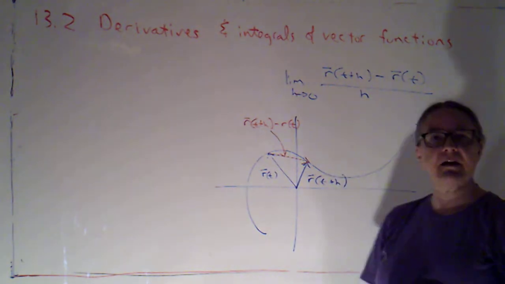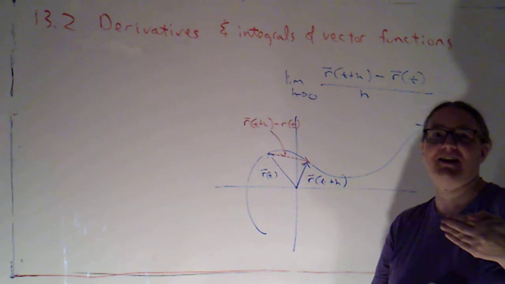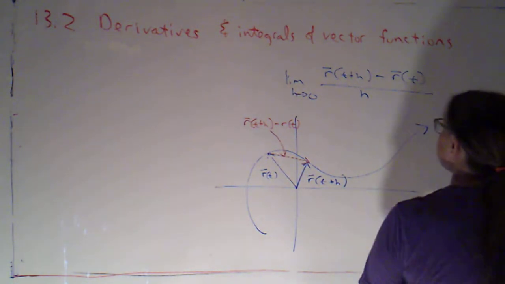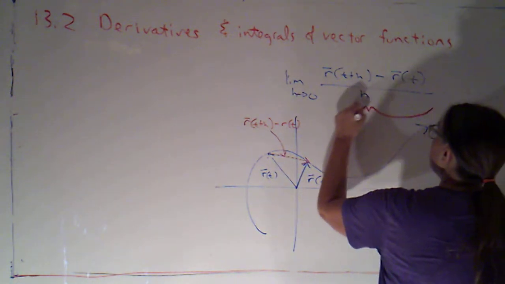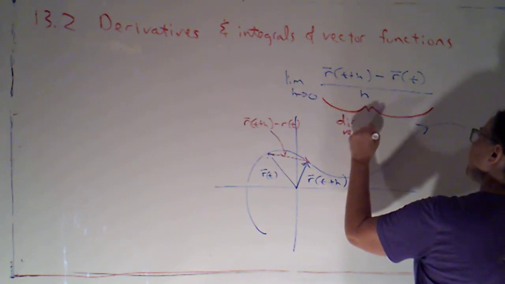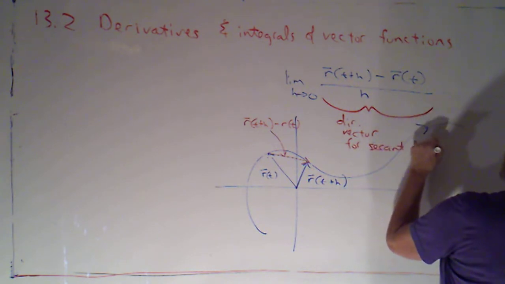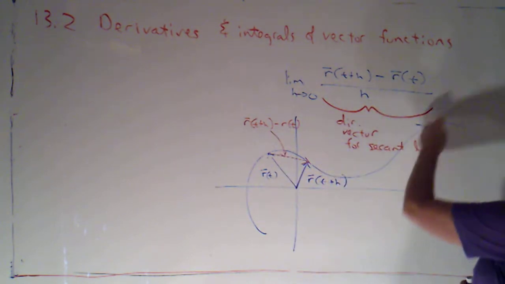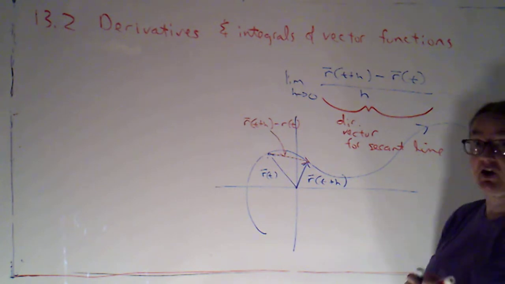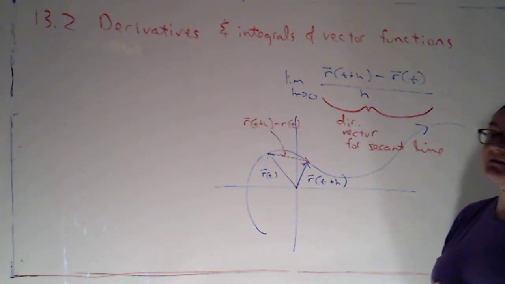But when we scale it by a factor of 1 over h, h would be negative, and that would reverse the orientation. So this right here is a direction vector for a secant line, and it's compatible with the orientation of the curve as we're passing through these points.